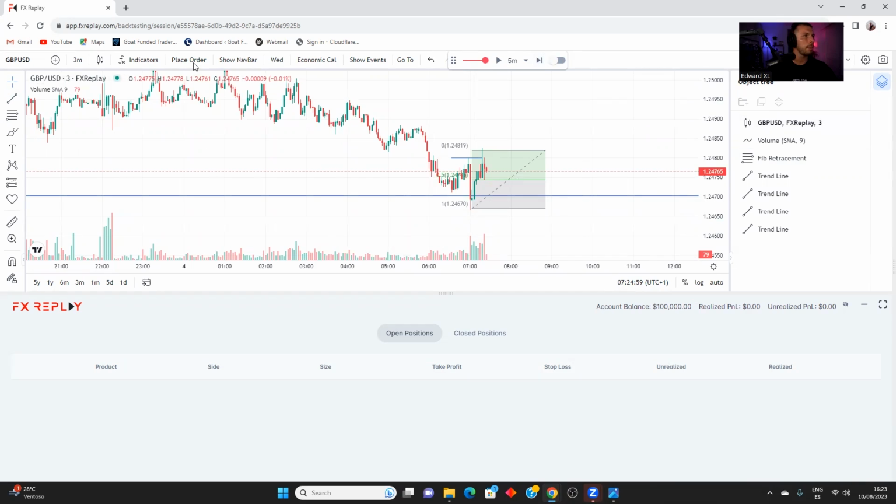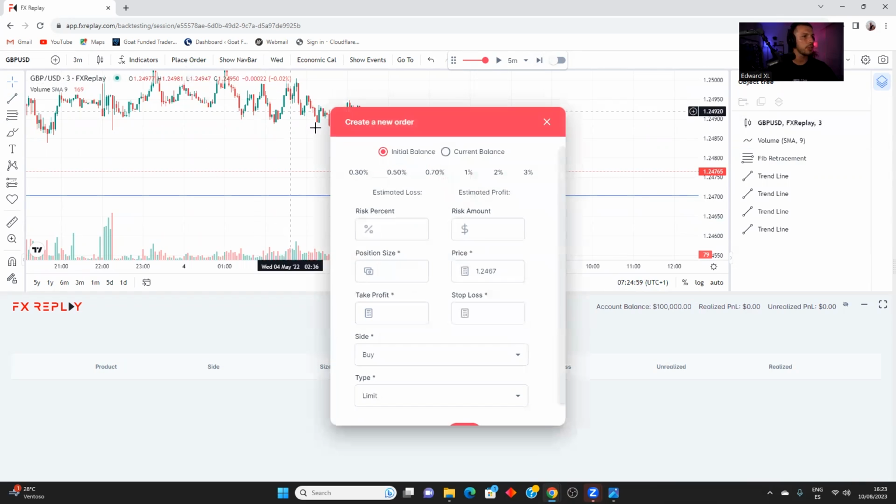How do I place an order? I'm not sure, I've never done it. 1% risk. Position size, what is that? 1%, let's do 1%.